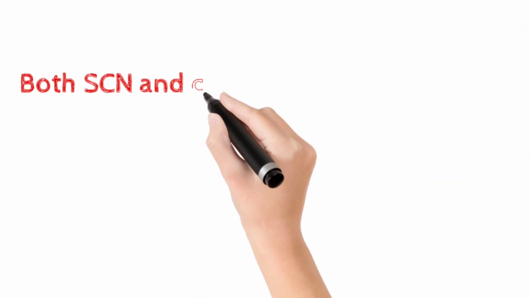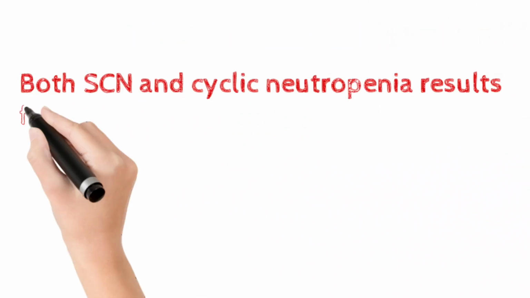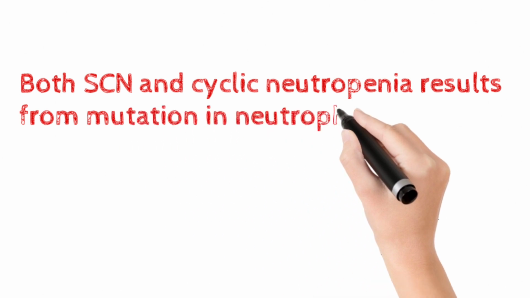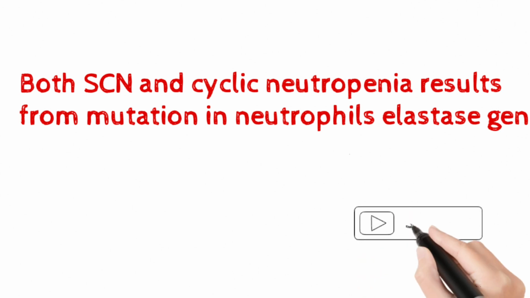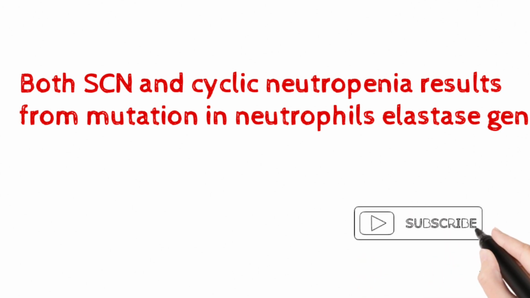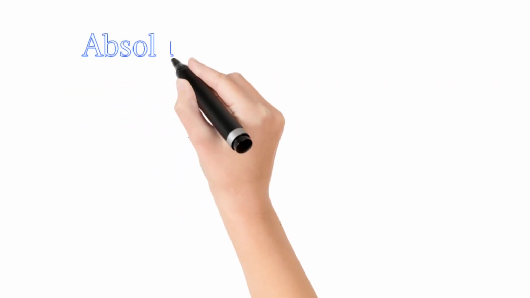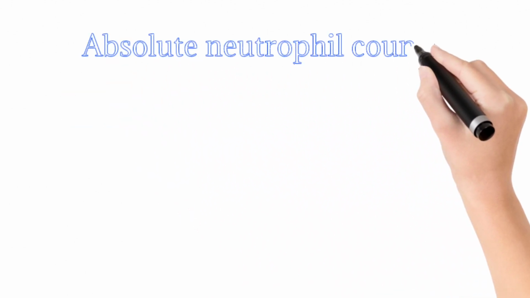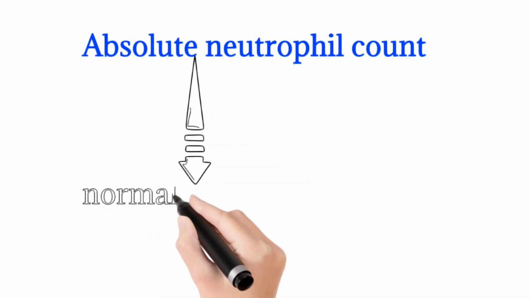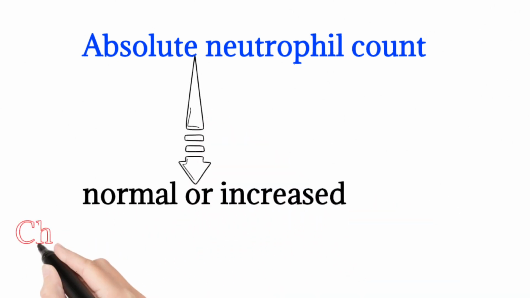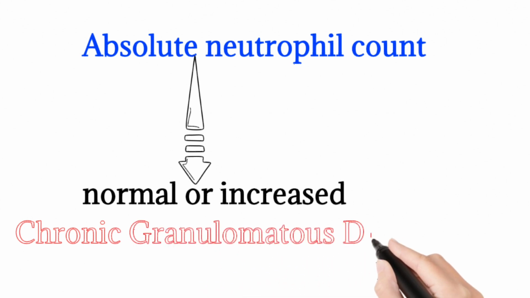Now in both conditions, severe congenital neutropenia and cyclical neutropenia, there is a mutation in the neutrophil elastase gene. Now if we get absolute neutrophil count normal or increased, we have the differential of chronic granulomatous disease and LAD.